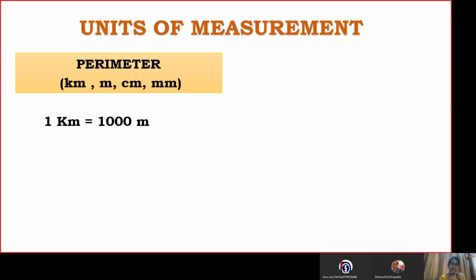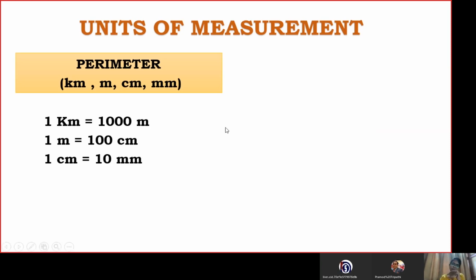Let's understand the conversions. 1 kilometer is equal to 1000 meters. 1 meter is 100 centimeters. 1 centimeter is 10 millimeters. Children, remember, when we go from a bigger unit to a smaller unit, you're going to multiply. When we go from a smaller unit, let us say millimeters into centimeters, then you will divide.